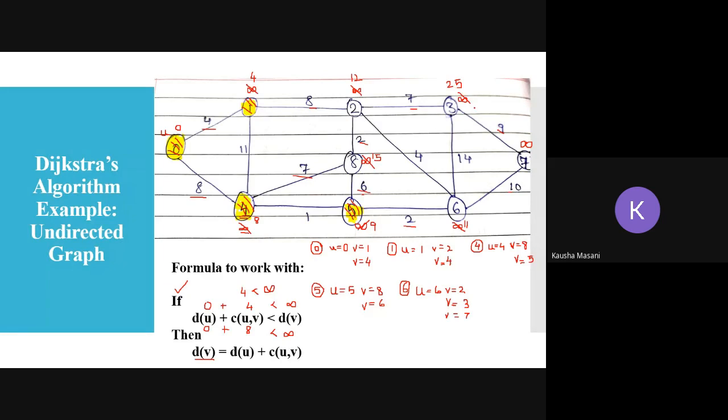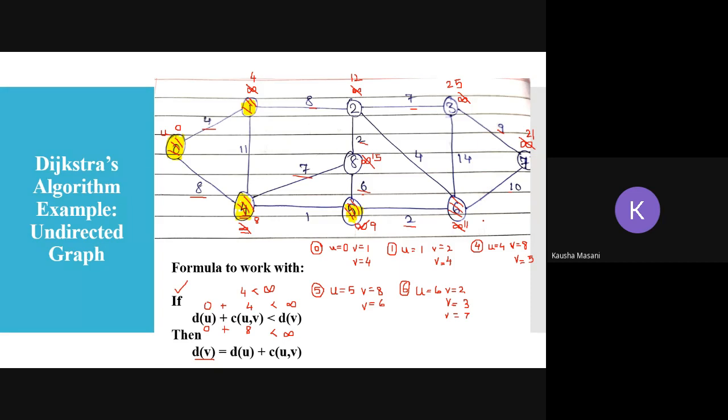And for V equal to 7, 11 plus 10 is 21. 21 is less than infinity, correct. So 21 is the updated value. With this, 6 is also explored.